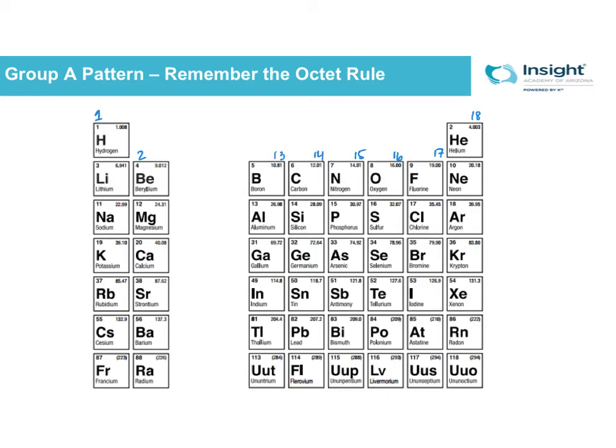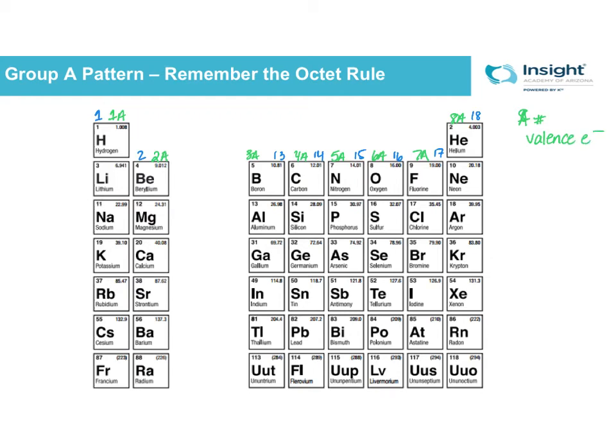But if you looked really carefully, these also had another way of naming them: 1A, 2A, 3A, 4A, 5A, 6A, 7A, and 8A. Those A numbers tell you how many valence electrons.